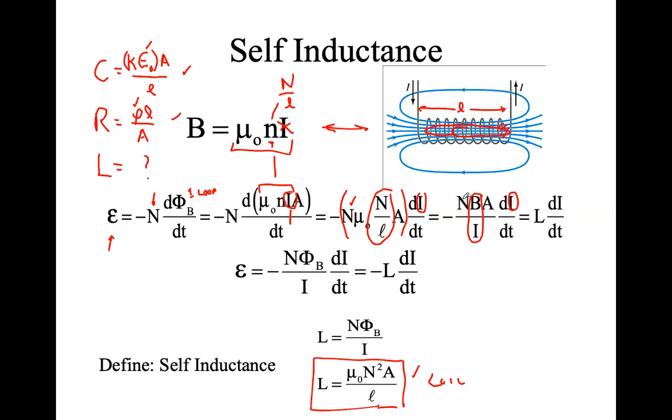And so if you're just looking for a general expression for the self-inductance for a device other than a solenoid, what you would need to do is take the number of turns of that device, take the magnetic field equation for that device, like you could for a toroid, divide the current out of that equation, okay, multiply by the cross-sectional area, and then that would be the self-inductance.